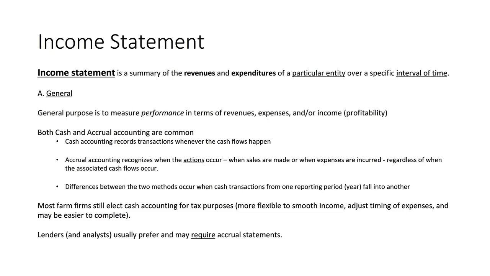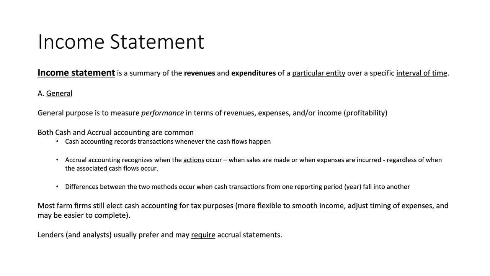A cash accounting approach would count that purchase as happening when you pay your credit card bill, which is at some point in the future, whereas an accrual system would record that as happening the day that the purchase was actually made. So again, that's just trying to illustrate the difference between when the cash flow occurs versus when the actual activity associated with that transaction occurs.